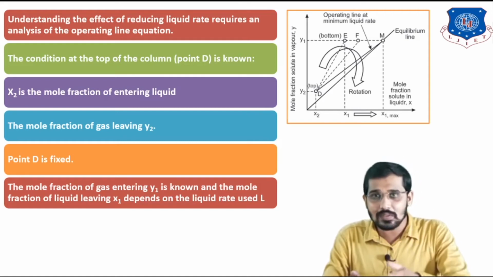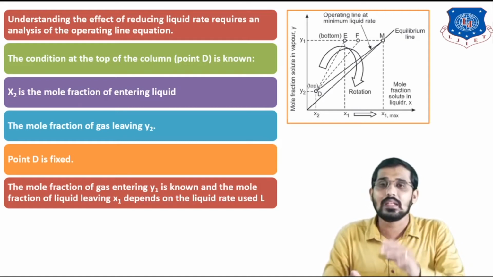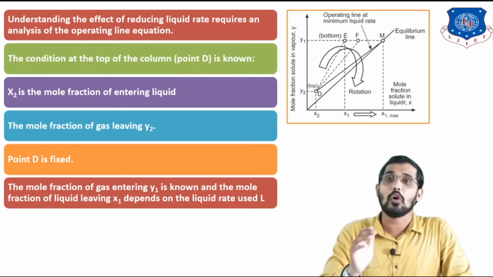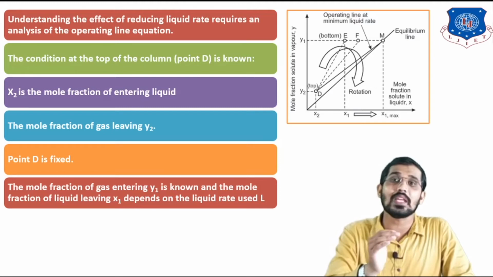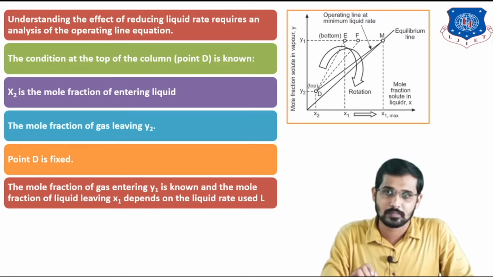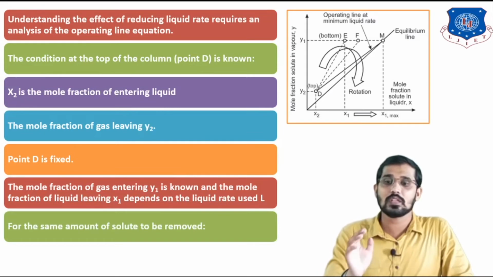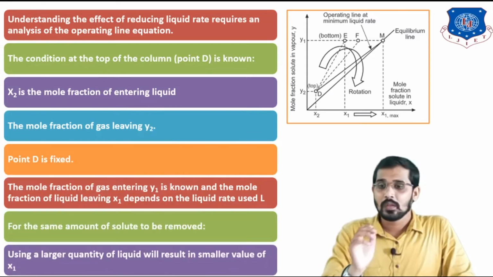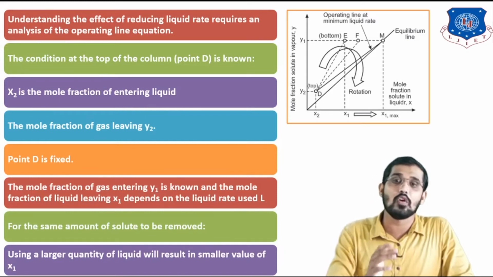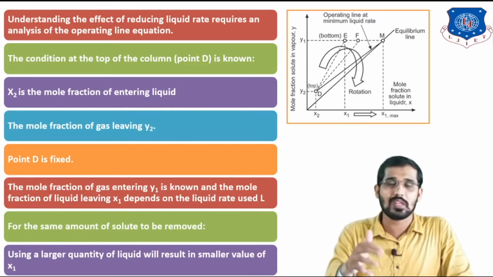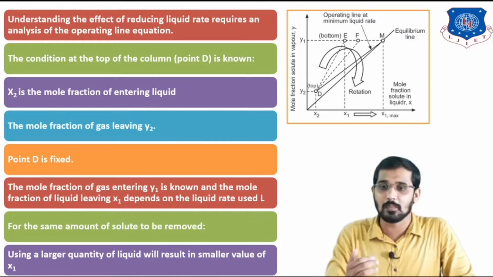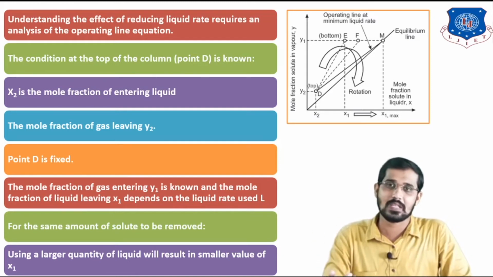If we are reducing the flow rate capital L, at that time the value of X increases. And the operating line is moving toward the equilibrium line when we are reducing the flow rate of the liquid. So for the same amount of solute to be removed, using a larger quantity of liquid will result in a smaller value of X. I told you that if the flow rate of the liquid is maximum, at that time the value of X is minimum. This is the meaning of this last line.